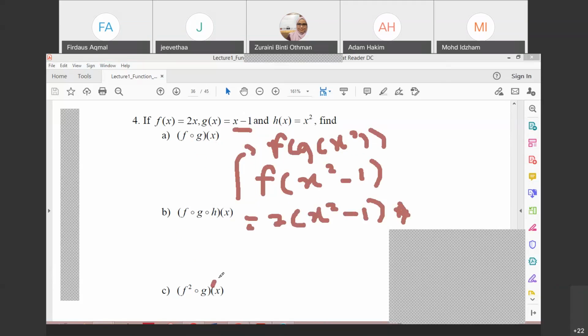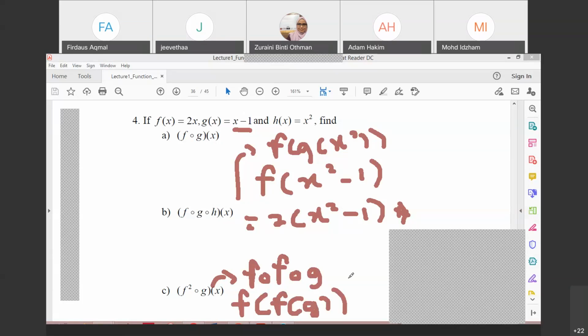Kalau yang ni pula, maksudnya kamu kena selesaikan F composite G. Okay, so now selesaikan F, dalam dia ada F dan dalam ni ada G. Okay, selesaikan yang ini, nanti kamu dapat jawapan.